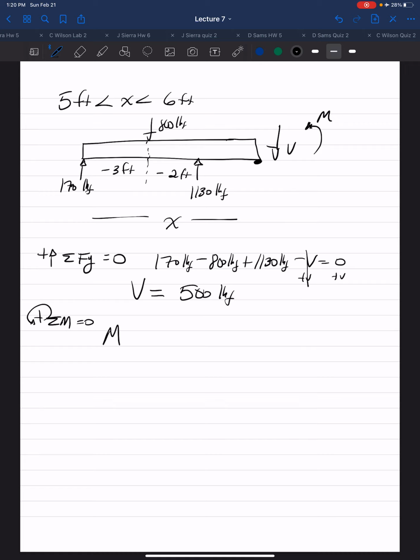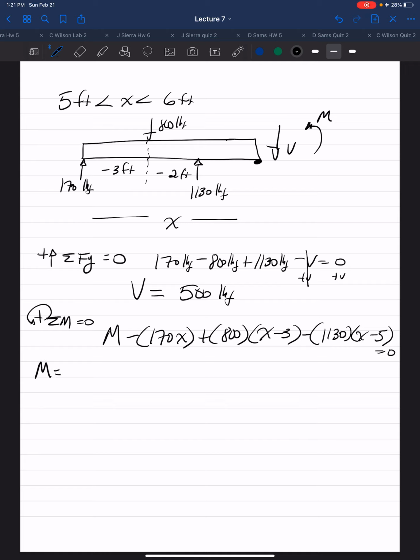So you have your M minus your 170x plus your 800 times x minus 3 minus your 1130-pound force times x minus 5 equals 0.